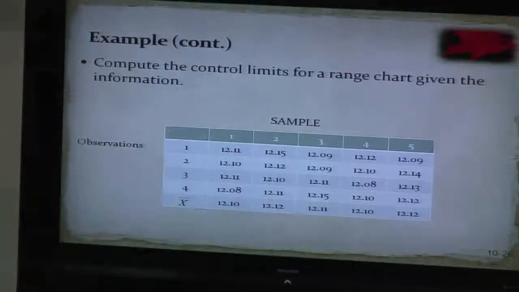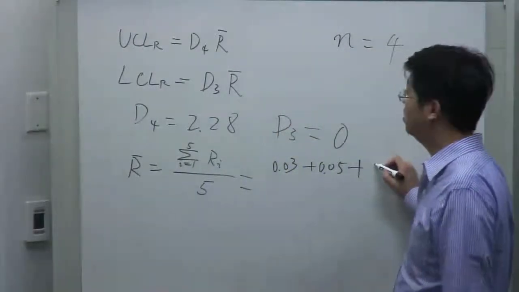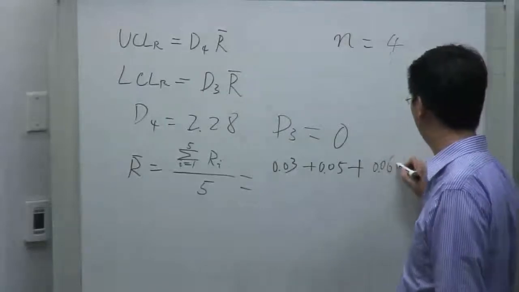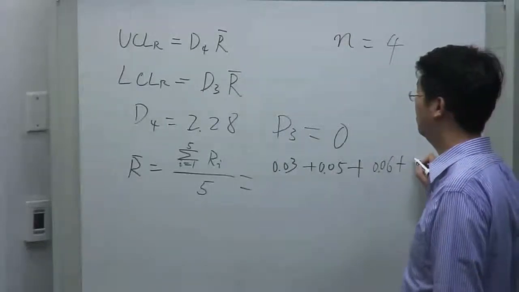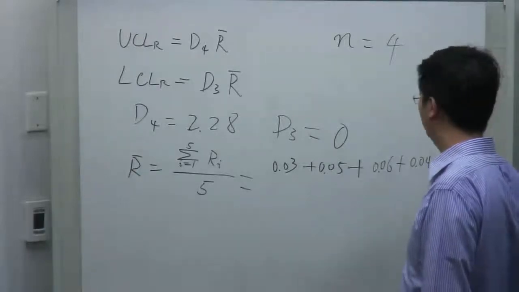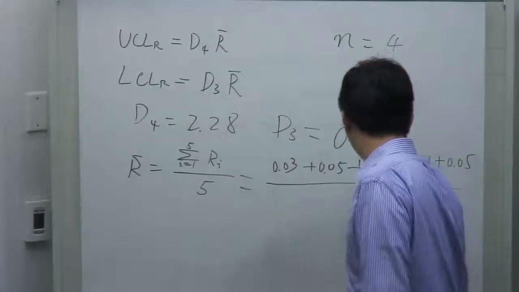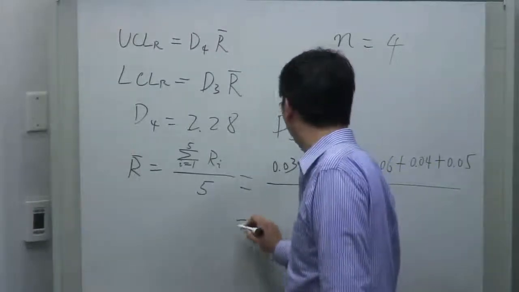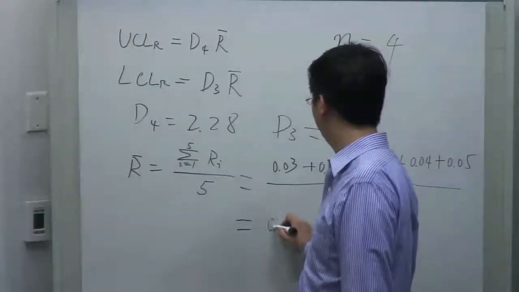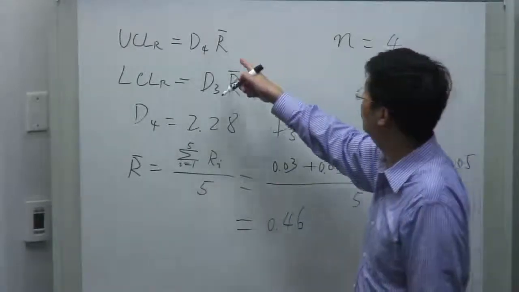Could you tell me the third one? 0.06. The fourth one? 0.04. The last one? 0.05. That's great. Divided by 5, you get R bar equal to 0.046.